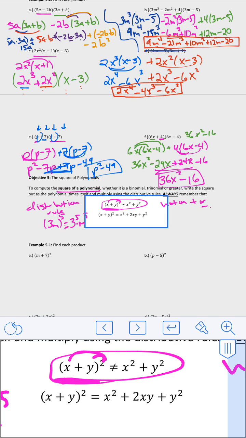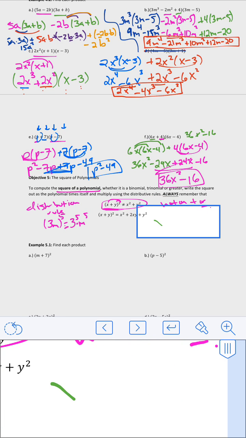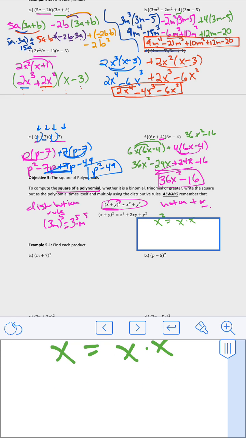Instead, let's just think about what this means. What does a square mean? What does it mean to be a square? Well, x squared means x times itself twice. X cubed means x times itself 3 times. 6 squared is 6 times 6.